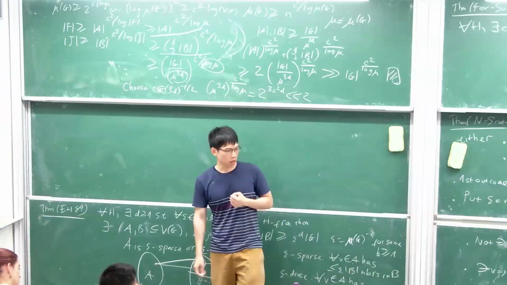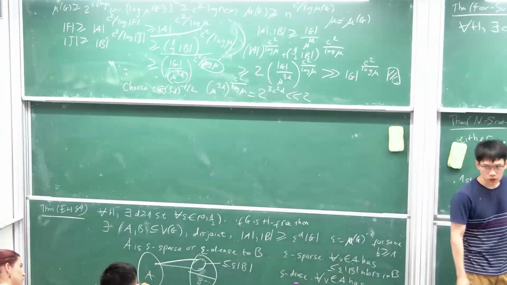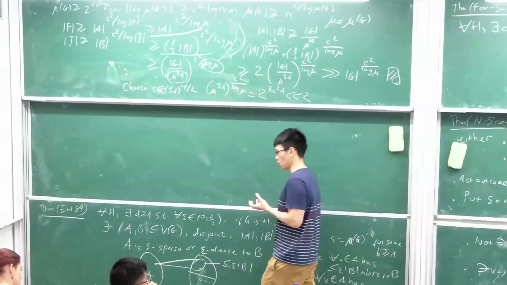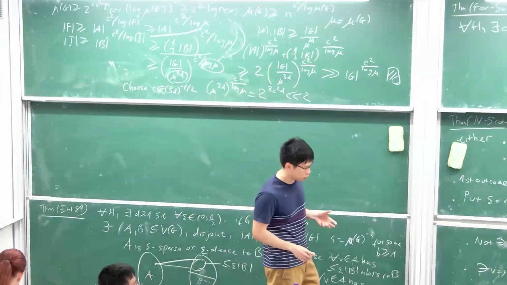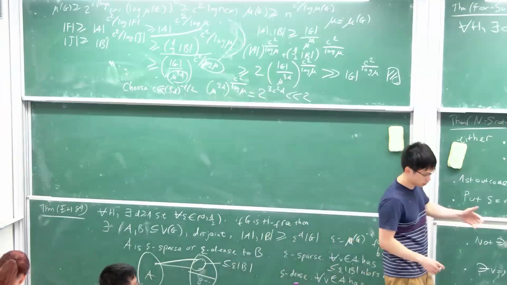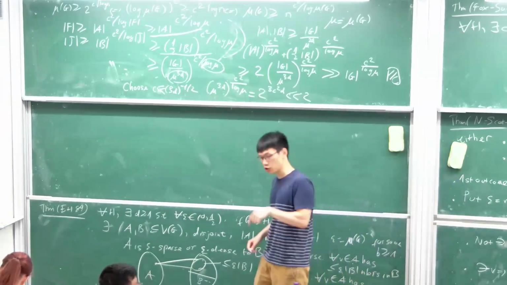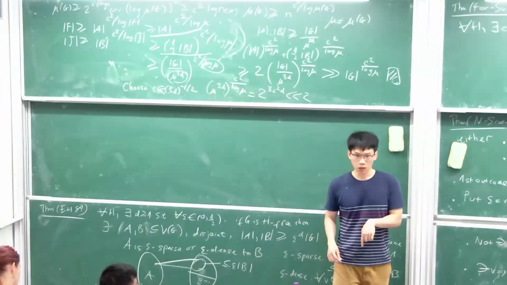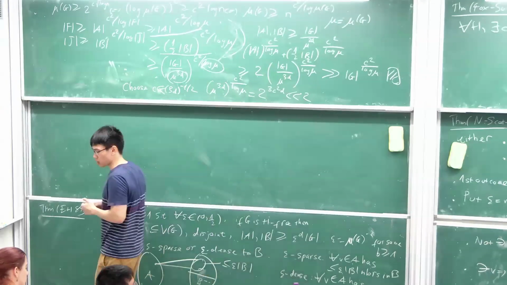Now we say there has to be a copy of H1 minus v which can be extended in many ways to a full copy of H1 inside the host graph G. Now you look at the candidate set of vertices, the images of v, and you say there has to be a copy of H2 inside that candidate set, and then you can get a copy of H. So what happened was, so many copies of H1.